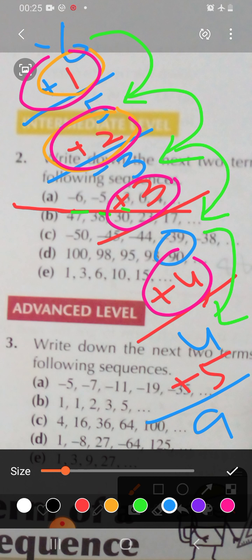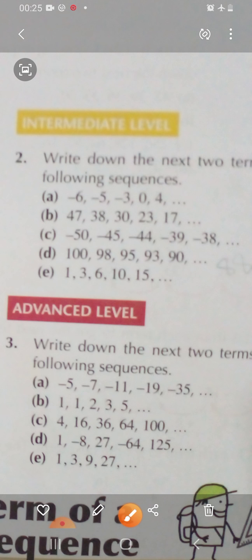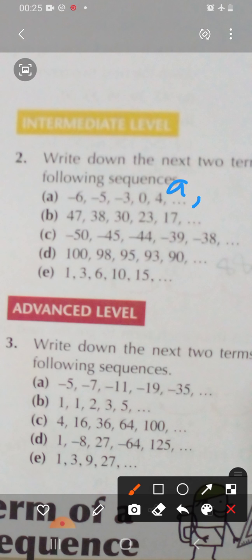Sorry, 9 plus 6 is 15. So our next numbers are 9 and 15.